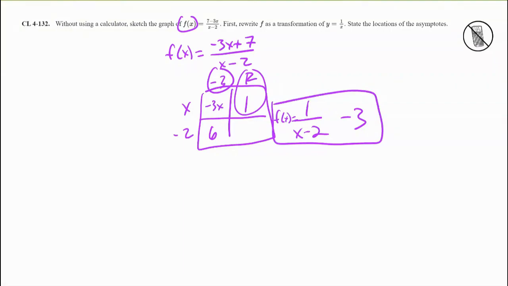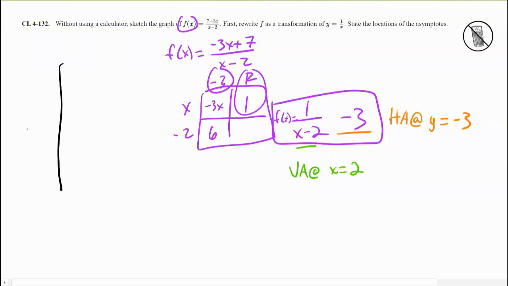It's nice because that shows me my vertical asymptote is at x equals 2, and then my horizontal asymptote is at y equals -3.